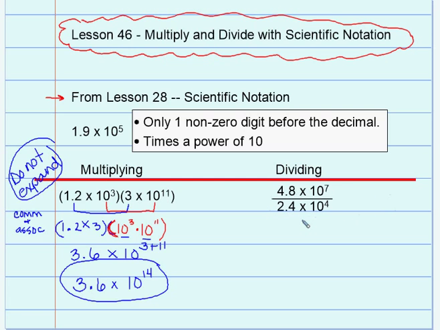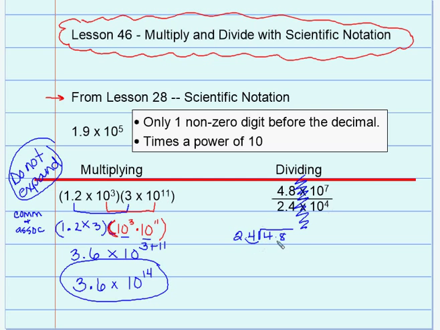Same thing here. We're going to group the numbers. We're going to divide it right down the middle and create two separate division problems. This is 4.8 divided by 2.4 and 10 to the 7th power divided by 10 to the 4th. Okay, so we're going to do this division here. 2.4 goes into 4.8.